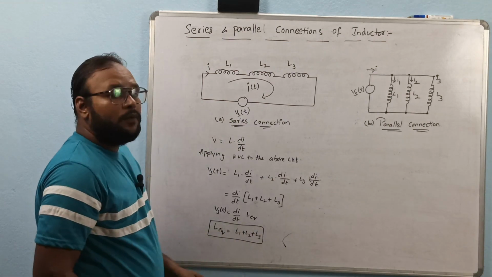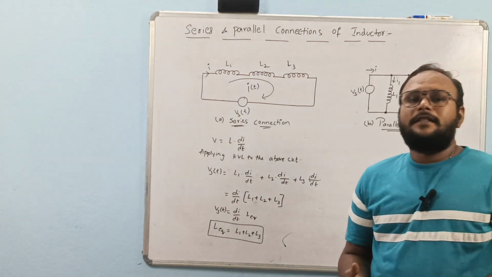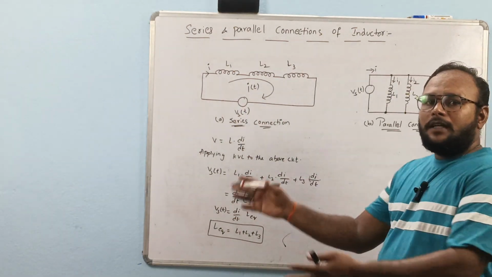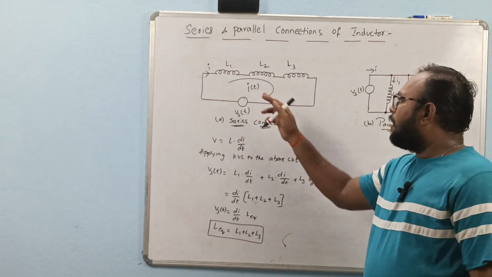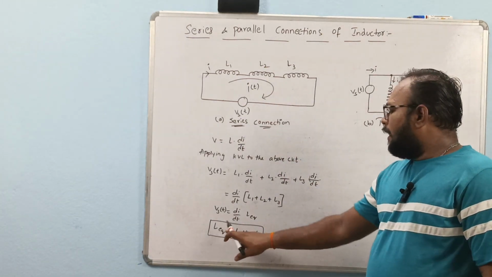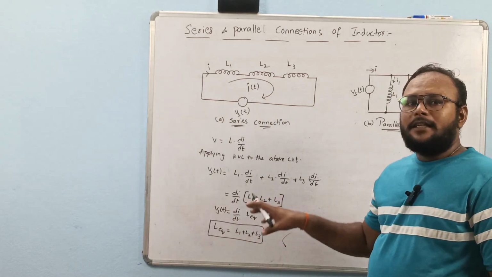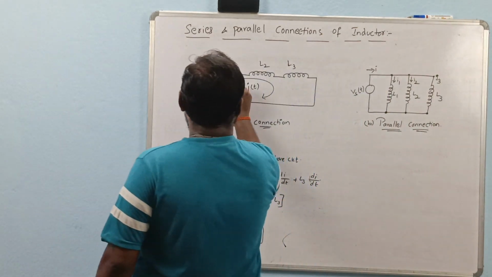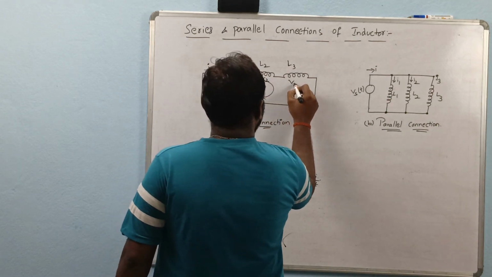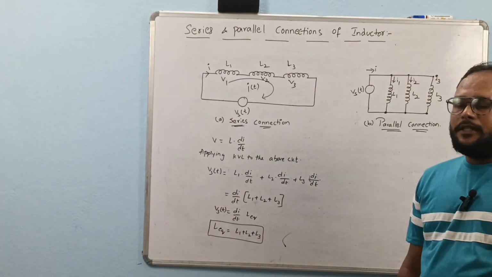Just like how for resistors in series the equivalent resistance is the sum of the resistors, in the series connection of inductors the equivalent inductance is the sum of the inductors present in the circuit. The voltage drops here are V1, V2, V3, like how we write for the resistors.